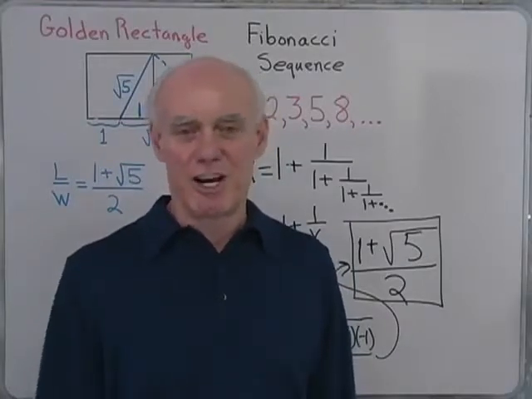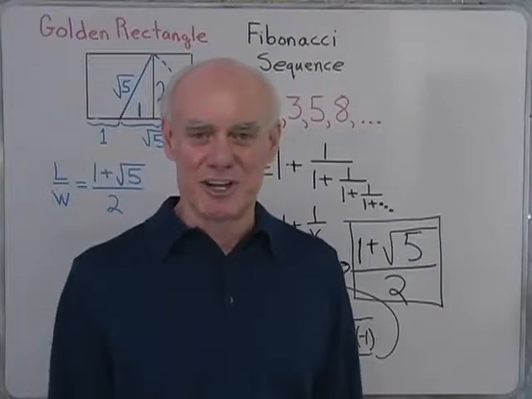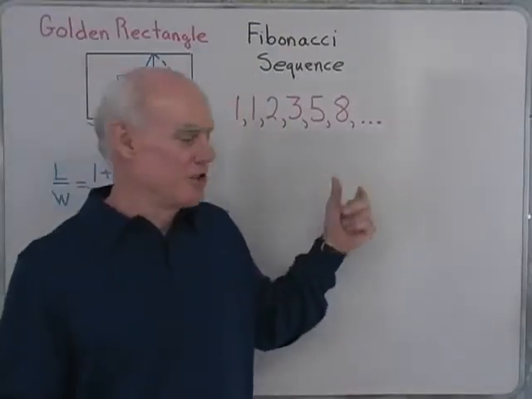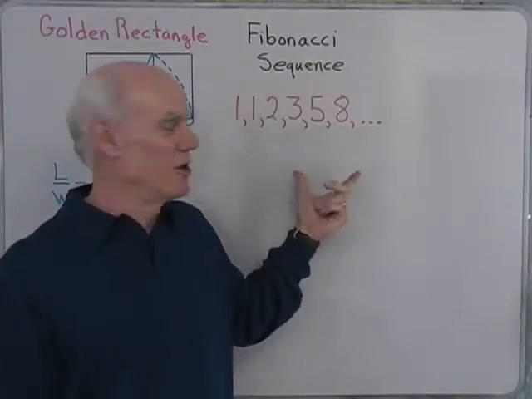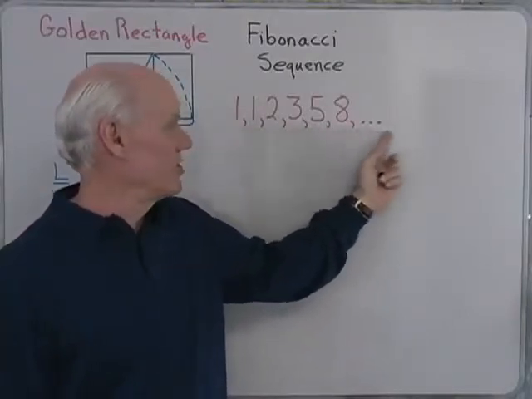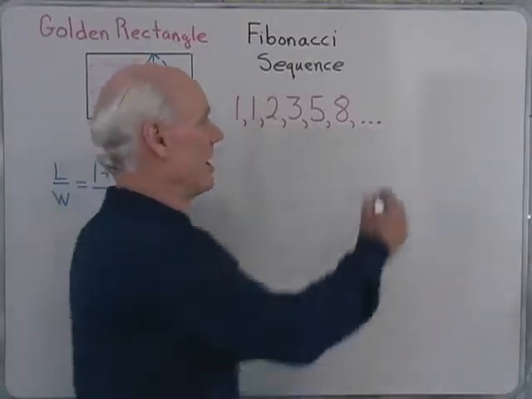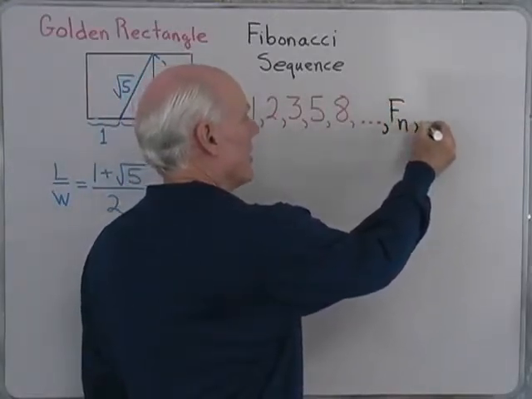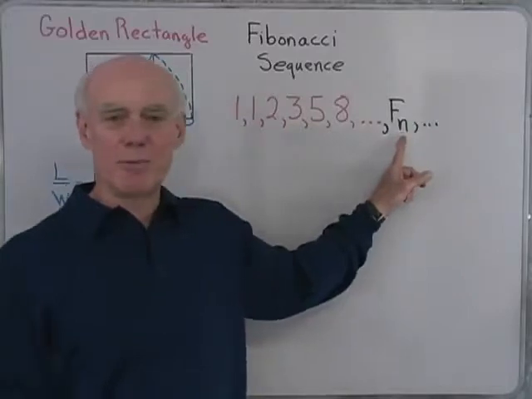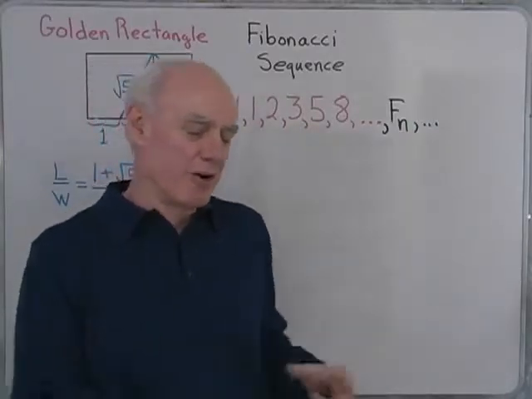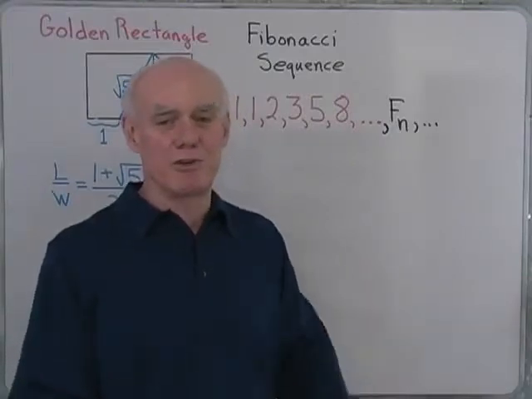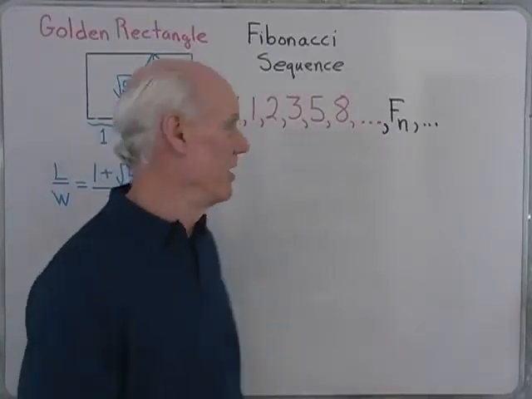Now, for those of you in a calculus class, I'll go to one more board and show you a couple more things. Just a little notation: if I take the Fibonacci sequence, it looks like this, and I let f sub n represent the nth term of the Fibonacci sequence, then that whole string of little ratios that I just had that seemed to point to the golden ratio, all that work can be written like this.